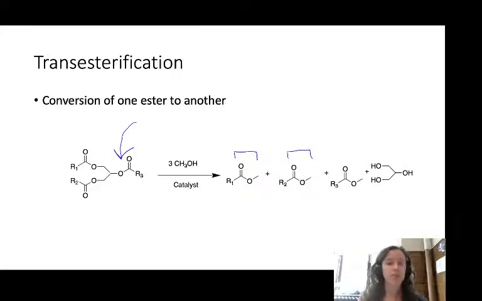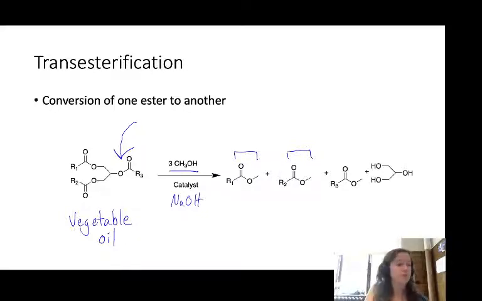What we'll be doing is taking some vegetable oil, adding methanol and a catalyst. We'll boil it at reflux, and then we'll end up with a series of products.